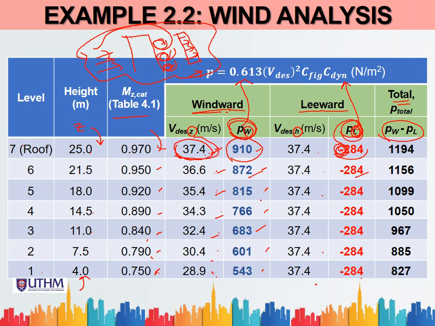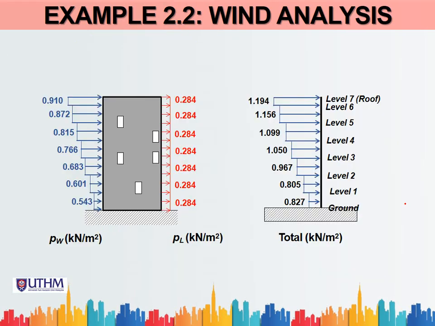When you total it, you ignore the negative, because the negative just shows that this is the suction area. If you want to check whether it is correct or not, the pressure is increasing from the bottom to the top. This is the summary for your analysis: the pressure at the windward wall and the pressure at the leeward wall. You can see it is increasing.